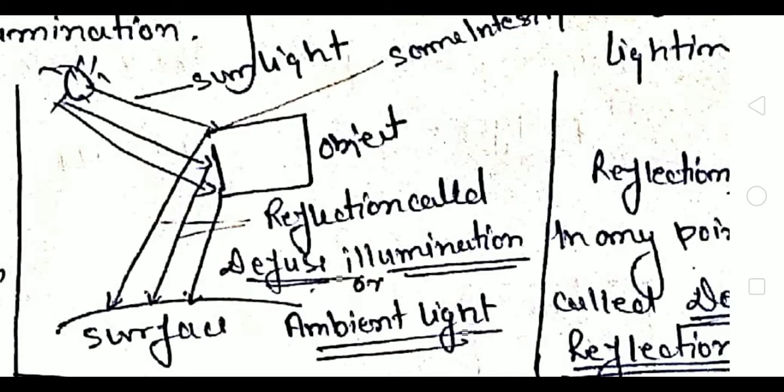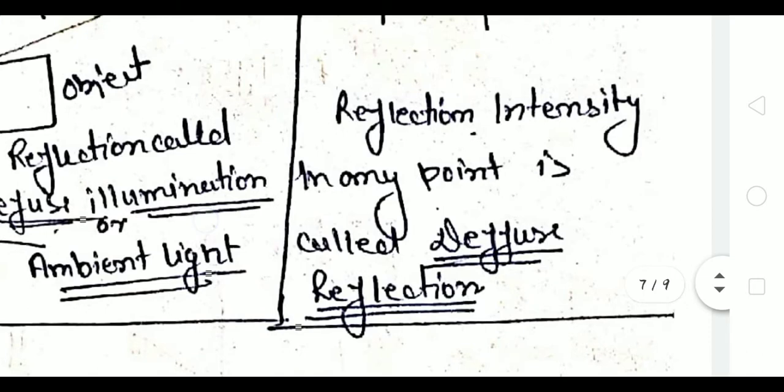Another concept is diffuse reflection. In diffuse reflection, the light may come either reflected from another object or directly from the point source. When light comes on any surface, some light may be absorbed by that surface, and some light is reflected from that surface.